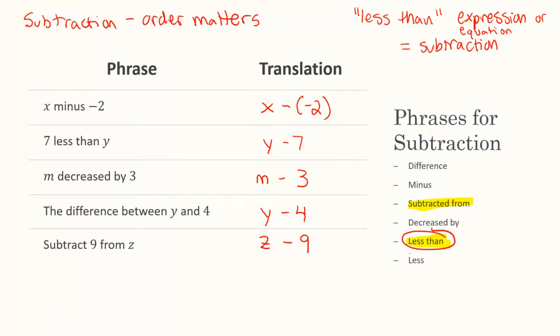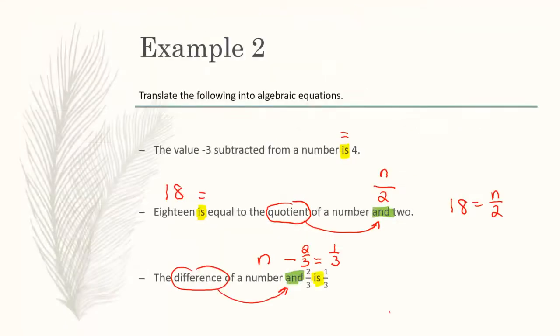So do note that. So when I go to my example here, where the word from is, I'm going to highlight that. We're going to treat that like the and, and that's going to be our subtraction symbol. And then when you see subtracted from, or if you see that from, you want to think opposite order. So from is subtraction, opposite order.